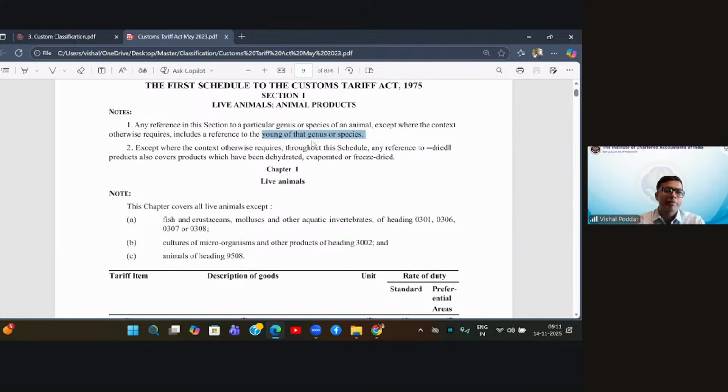So they have clarified, because normally we have different names used for the younger ones of an animal, right? A lion's younger one is called something, a cow's younger one is called something. So what they have explained is that when we are giving a reference to the animal, their younger ones, even though given different names in real life, will be covered.